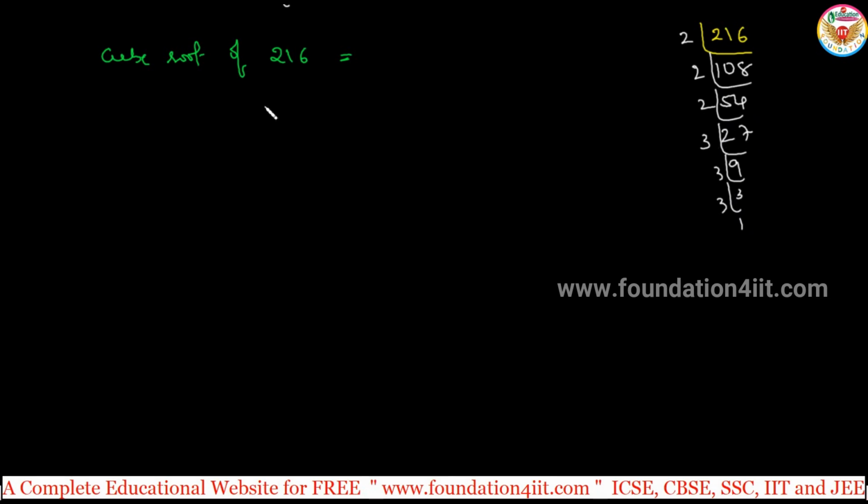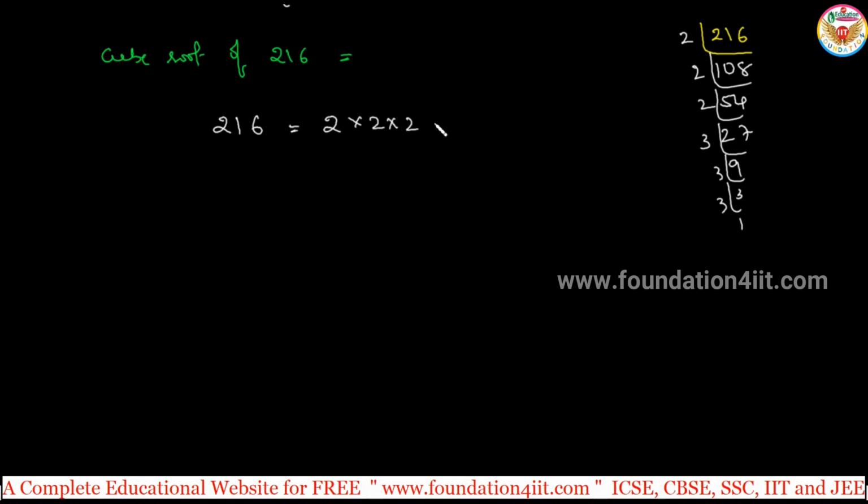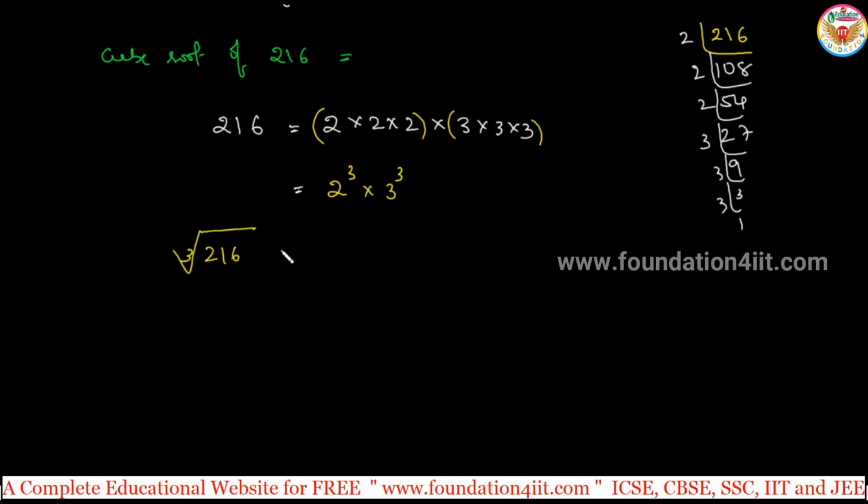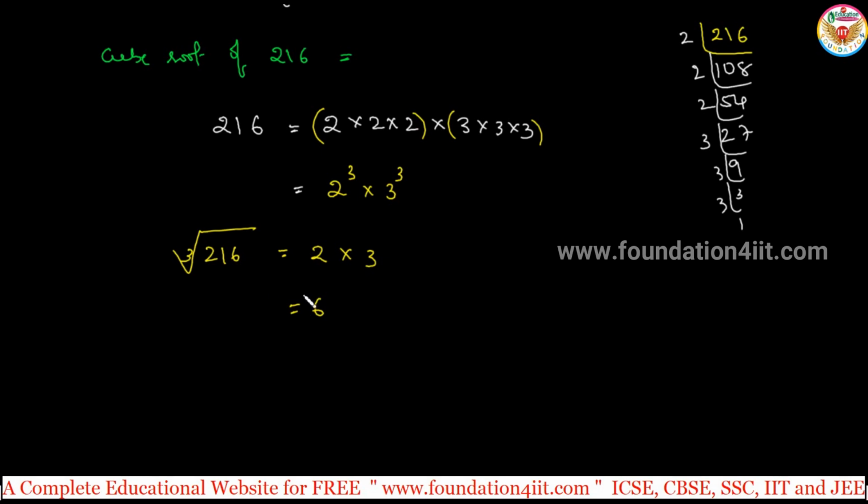So finally, 216 I can write as 2 multiplied 3 times into 3 multiplied 3 times. Make it as a set: this is 3 times and 3 times. That means 2 to the power 3 into 3 to the power 3. So when you want the cube root of 216, from 2 power 3 take one 2, from 3 power 3 take one 3. So 2 into 3 is 6. So the cube root of 216 is 6.